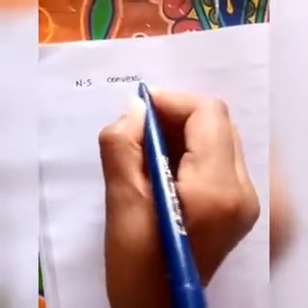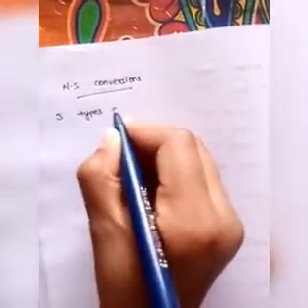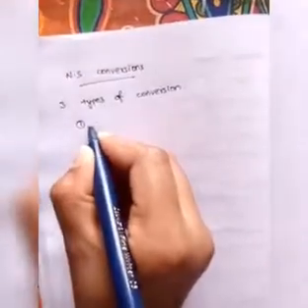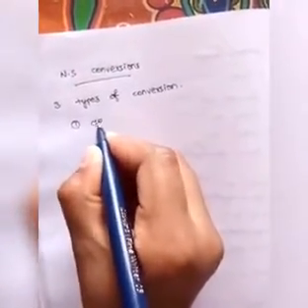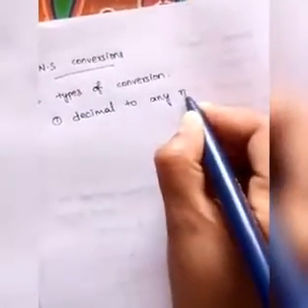Now we discuss about the number system conversions. There are 3 types of conversions. So first one is decimal to any radix conversion.